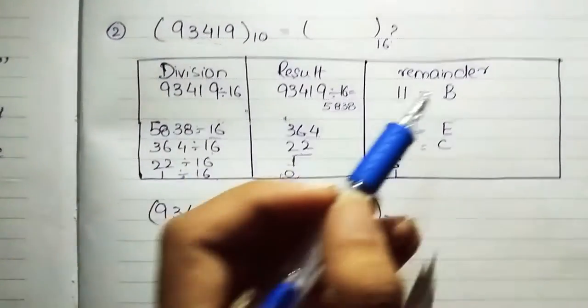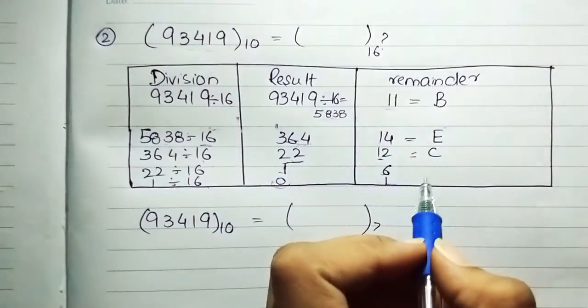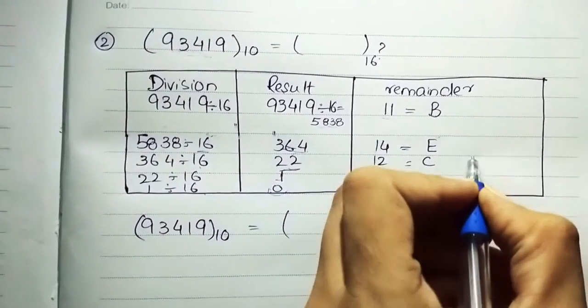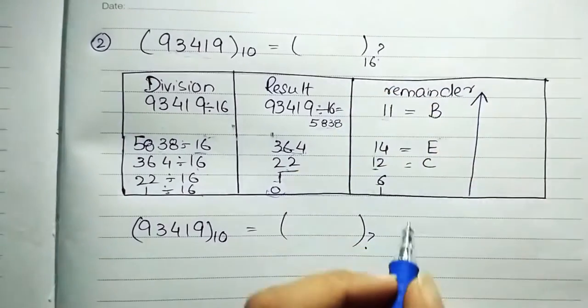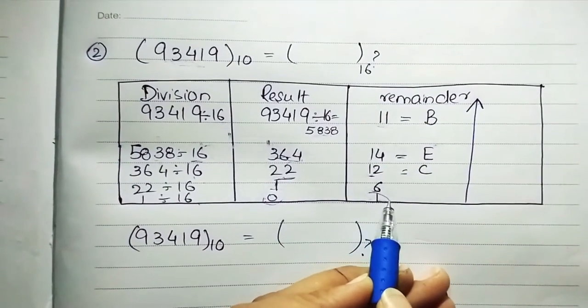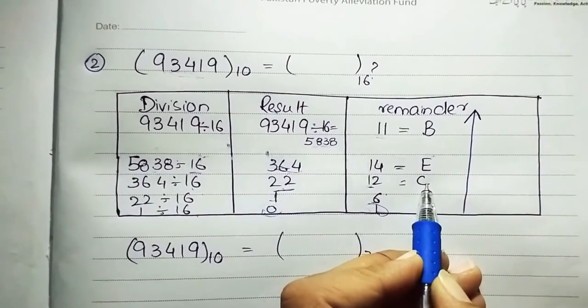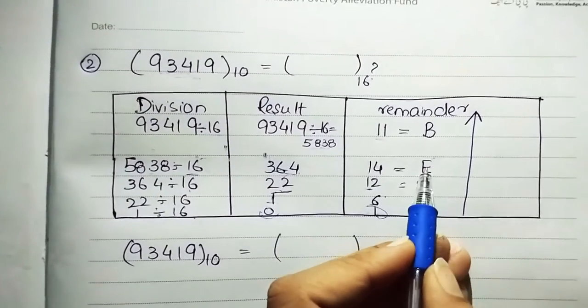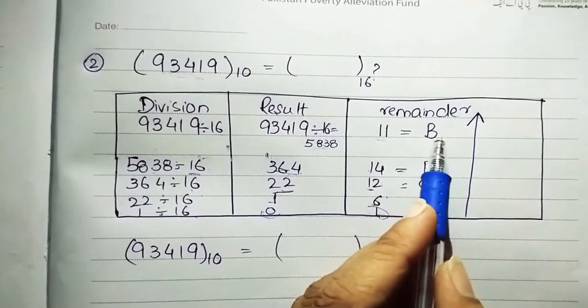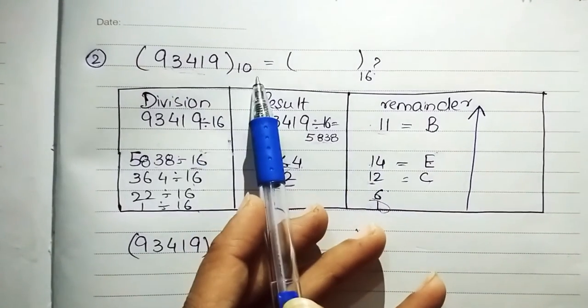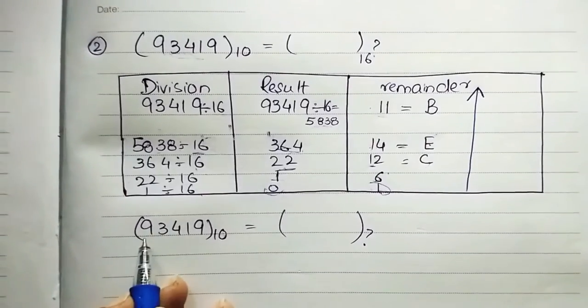Okay, now we get all these remainders and these remainders will be written in the opposite direction, in the backward direction. First we will write 1, then 6, then C instead of 12, then E instead of 14, and then B instead of 11. So this number will be converted into hexadecimal.